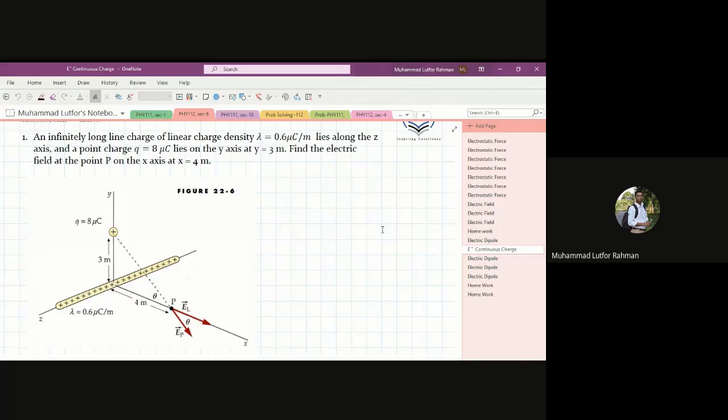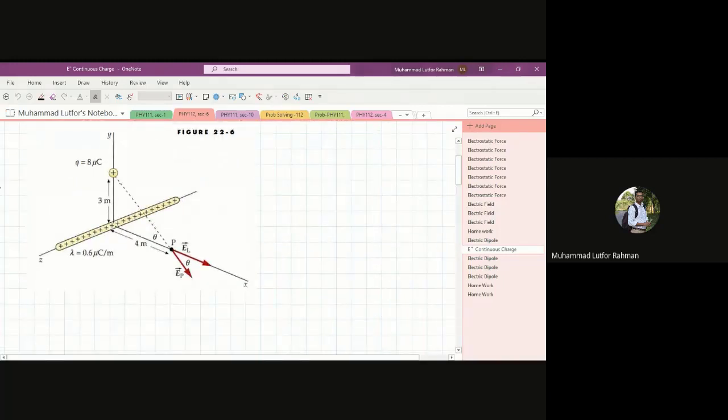Look at this: the electric field from this point charge, which is positive, would be towards that direction, downward towards the YZ plane. And since the rod is positively charged, its electric field contribution would be towards that direction. So this is the electric field contribution by the line of charge, and this is E_P, standing for the electric field from the point charge contribution.